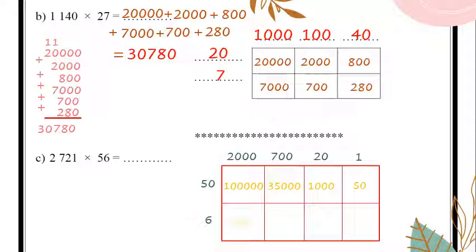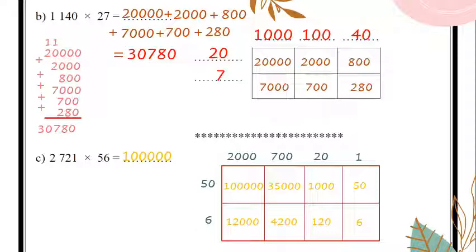Then 6 times 2,000 equals 12,000. 6 times 700 equals 4,200. 6 times 20 equals 120 and 6 times 1 equals 6.